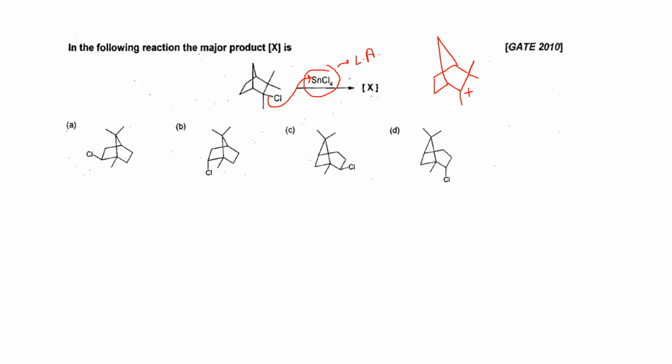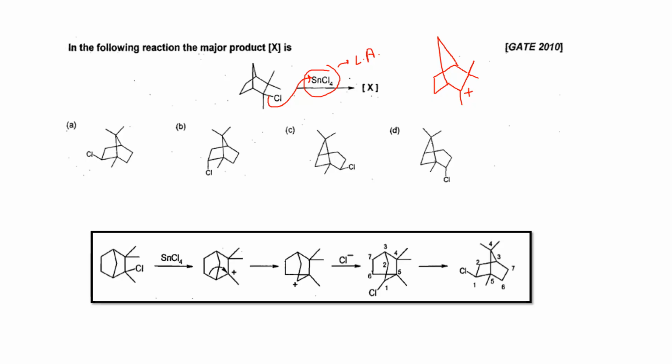Now this carbocation can undergo some rearrangement. So it will be like this.